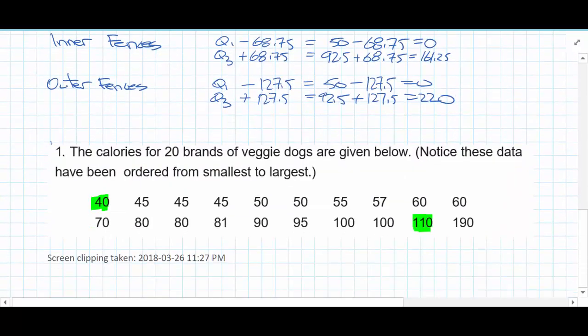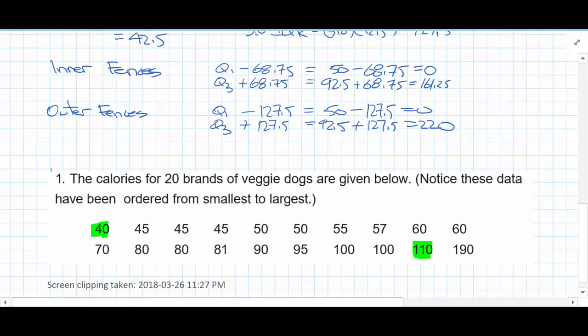Looking at the data, 110 is the smallest data value that is within the inner fence above Q3. The inner fence is 161.25. The data value 110 is less than that. However, the data value 190 is more than that.